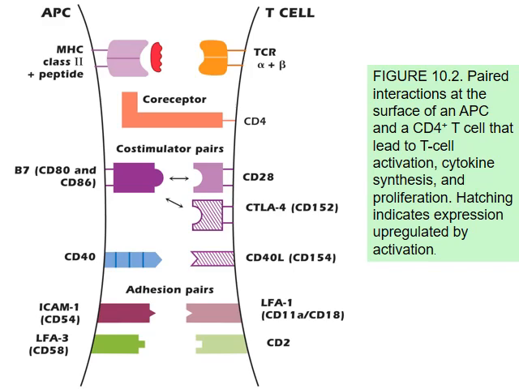Then we have adhesion pairs. They are like cell adhesion molecules. If you remember, in the very first lecture in physiology, we talked about CAMs, cell adhesion molecules. The cell will go and adhere. If you want this cell to perform its function, then you need the cell to adhere. So you need expression of these ICAMs and their corresponding ligands.